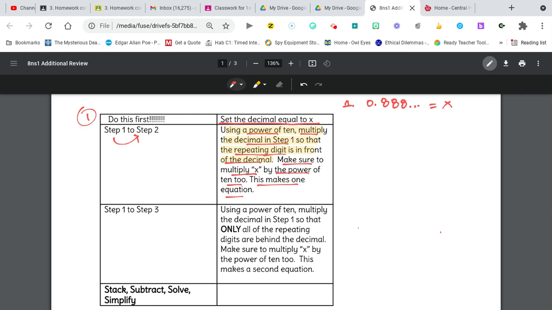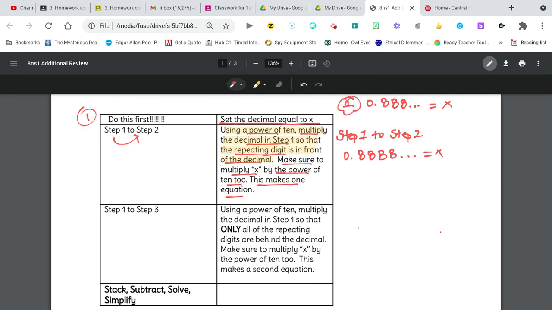So let's just talk about going from step 1 to step 2. I'm going to go ahead and write down the equation in step 1. That's the original equation in step 1.